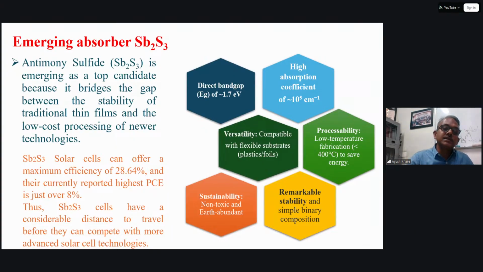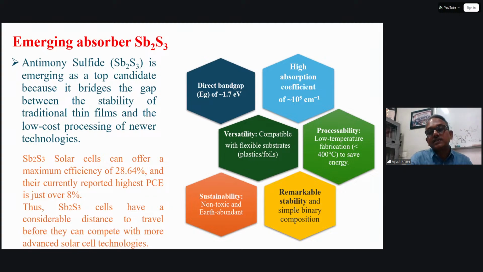So Sb2S3 is such a material, which these days is being used as a p-type material with CdS, or stannous sulfide, or Sb2Se3, right? These are chalcogenides, sulfide, selenide. These are the materials being used with Sb2S3 these days in producing a solar cell.